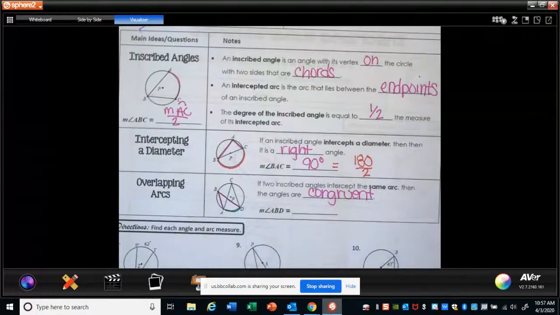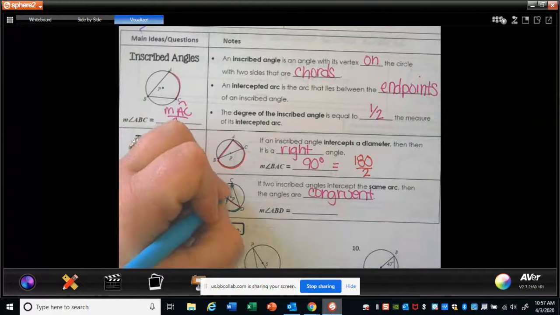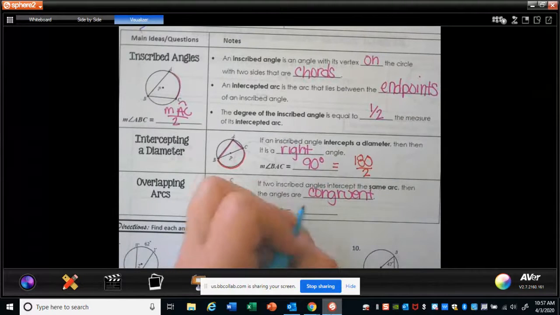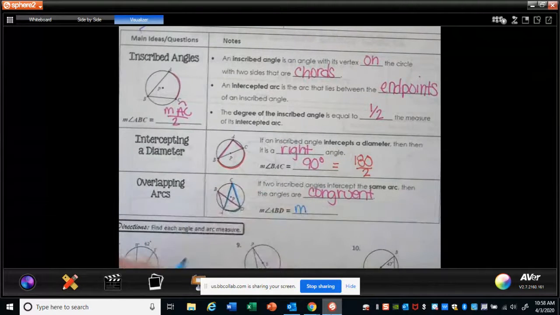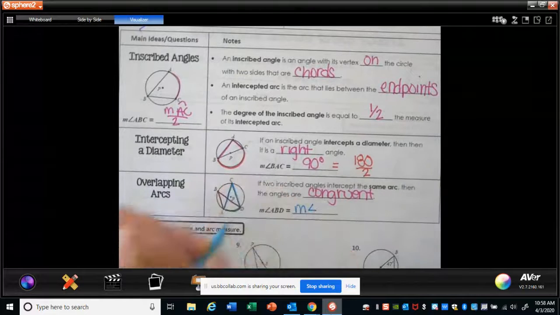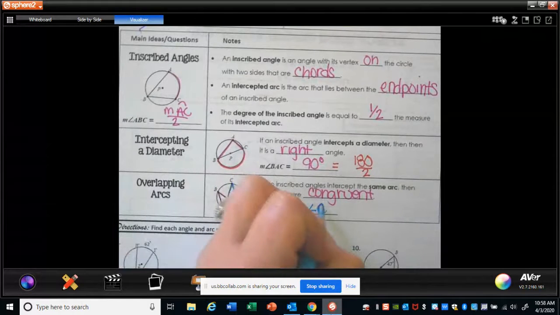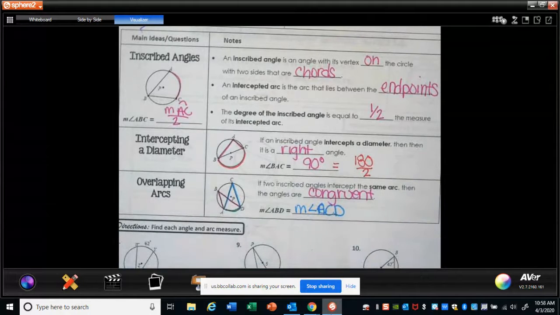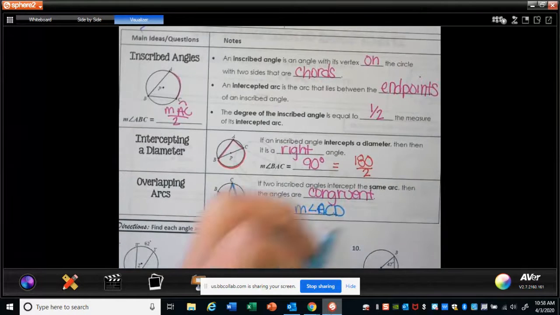Now, angle ACD also shares that same arc, AD. Since they share the same arc and they're both inscribed angles, those angles are going to be congruent. So angle ACD is going to be equal to the measure of angle ABD. All right?